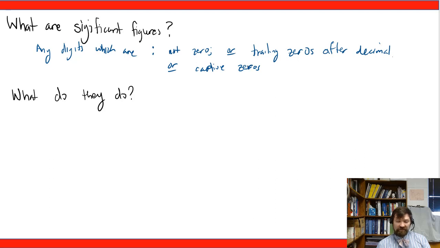And in some sense, it's actually easier to define what is not a significant figure than what is a significant figure. So only zeros used to locate the decimal, or in other words, the ones place versus the tenths place, only those are not significant.